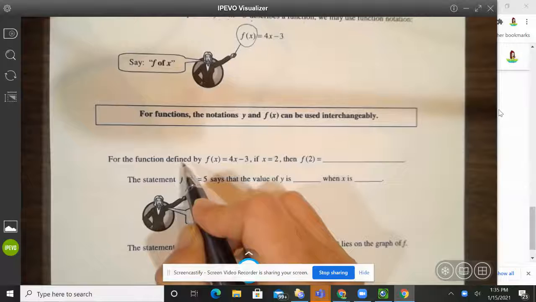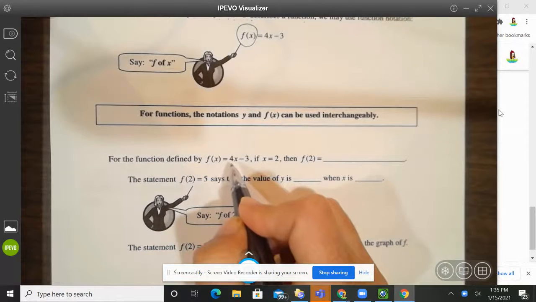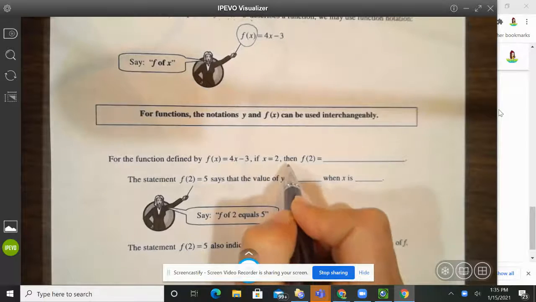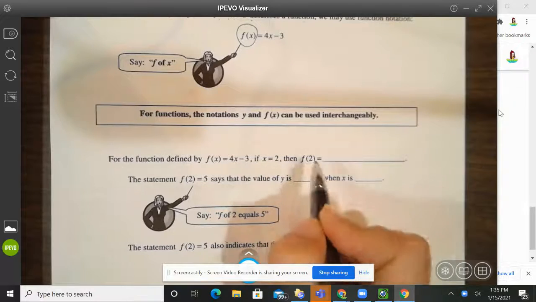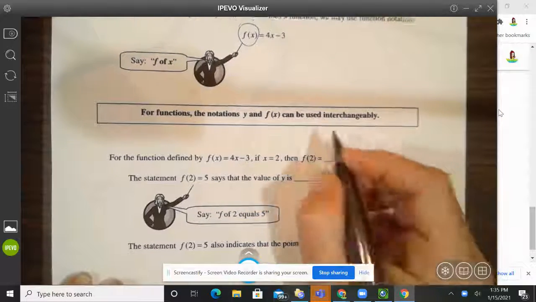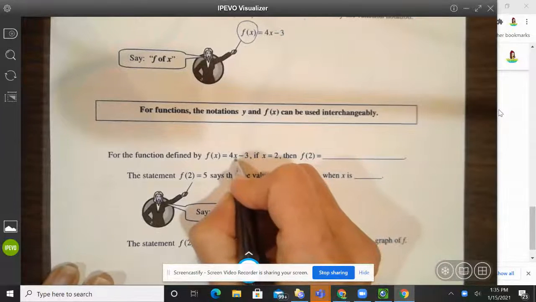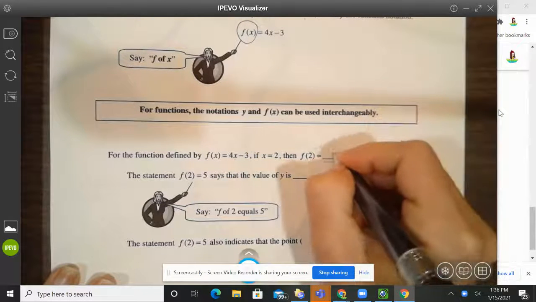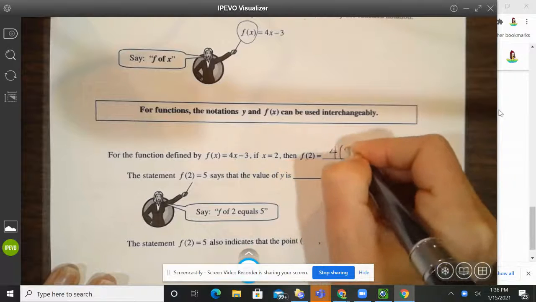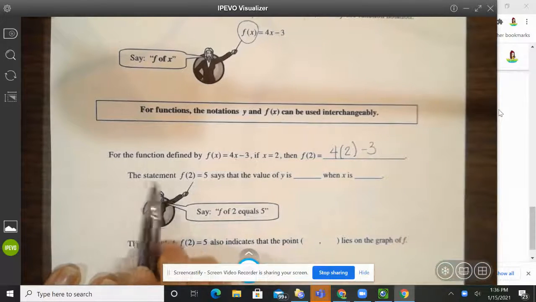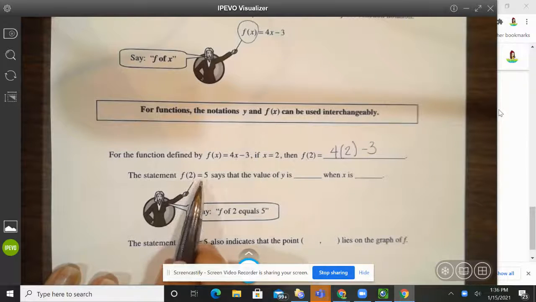So for the function defined by f of x equals 4 times x minus 3, if x equals 2, then f of 2. What you're going to do is plug in that 2 for x, right? So that would be 4 times 2 minus 3. So the statement is f of 2 equals 5.